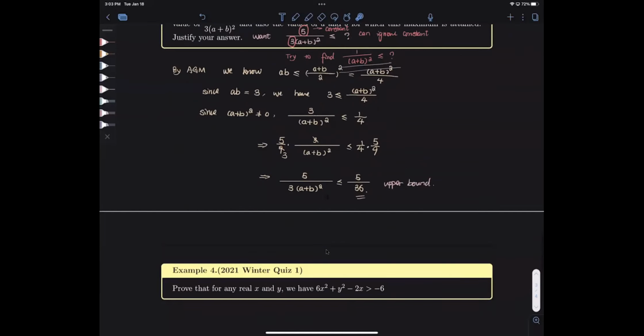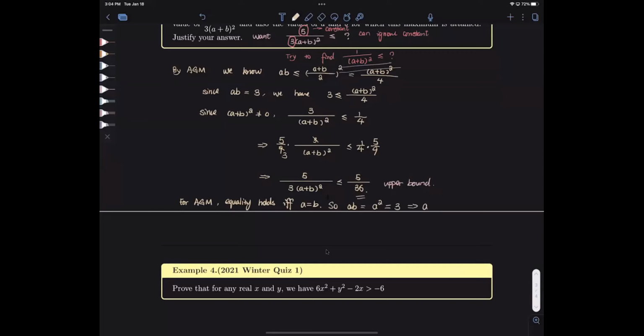We know that for AM-GM, equality holds if and only if A equals B. So my AB will be A squared, which equals 3.